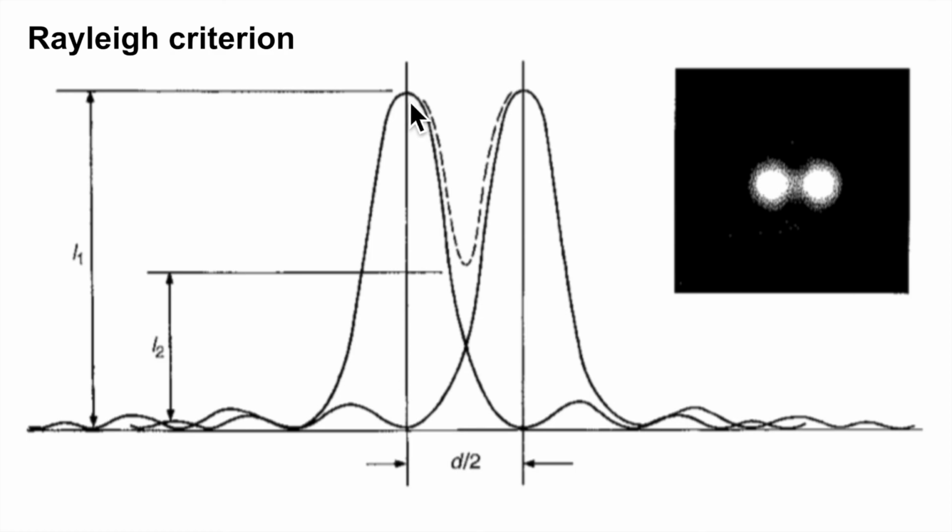So that's just a difference of designations. But this foundation, either this or the other one, would allow us to determine what our best possible resolution is given our numerical aperture and our wavelength. And that's what we're going to do in the next module.